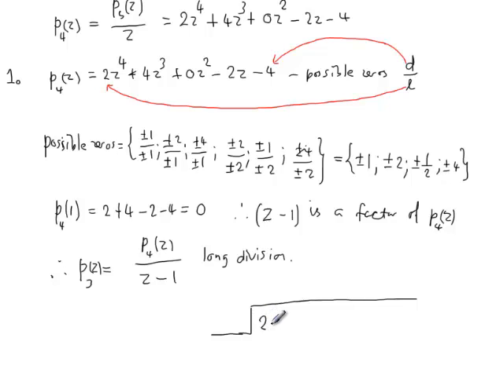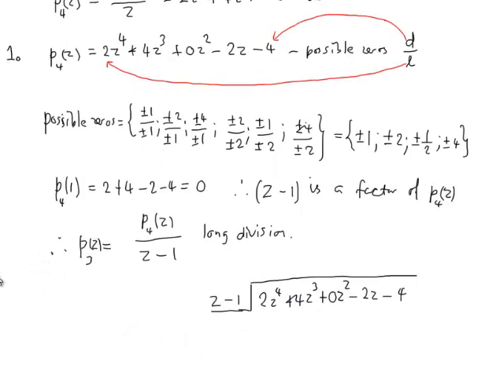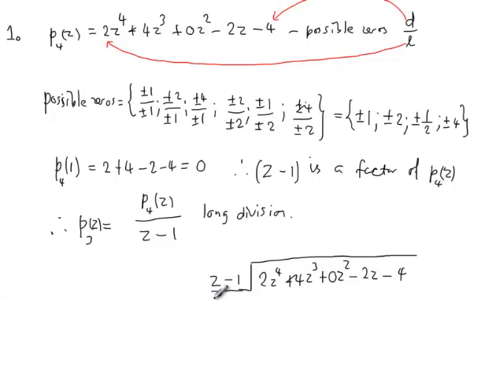Our P4 is 2Z to the power 4 plus 4Z to the power 3 plus 0Z to the power 2 minus 2Z minus 4. This zero term here, I'm just writing it for organizing ourselves and knowing exactly where we are and where we are doing our division. Is that right? Maybe some people might not need it, but I think I need it when I explain these things. So now what's going to happen here? Now we take this leading term.